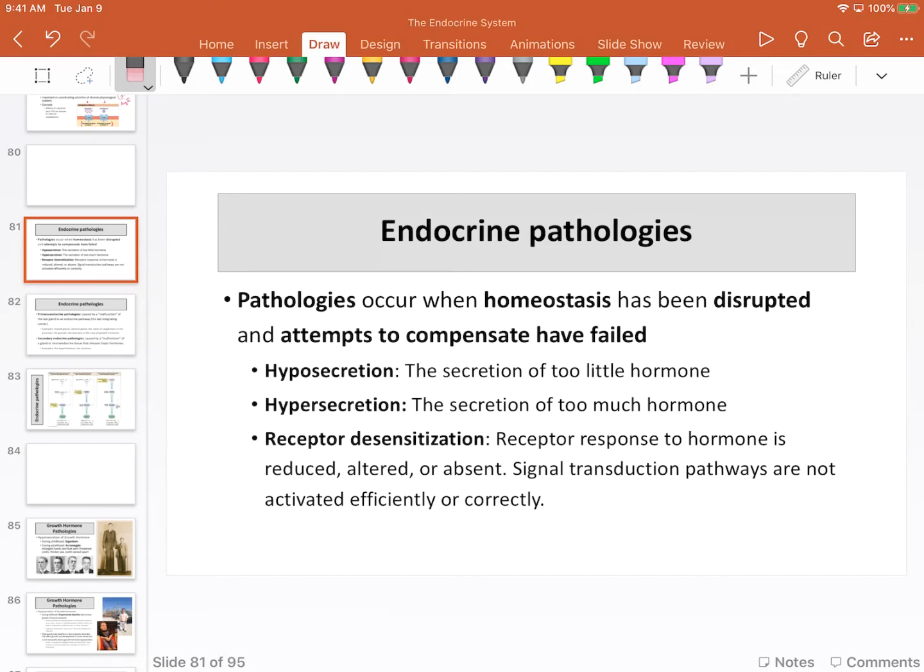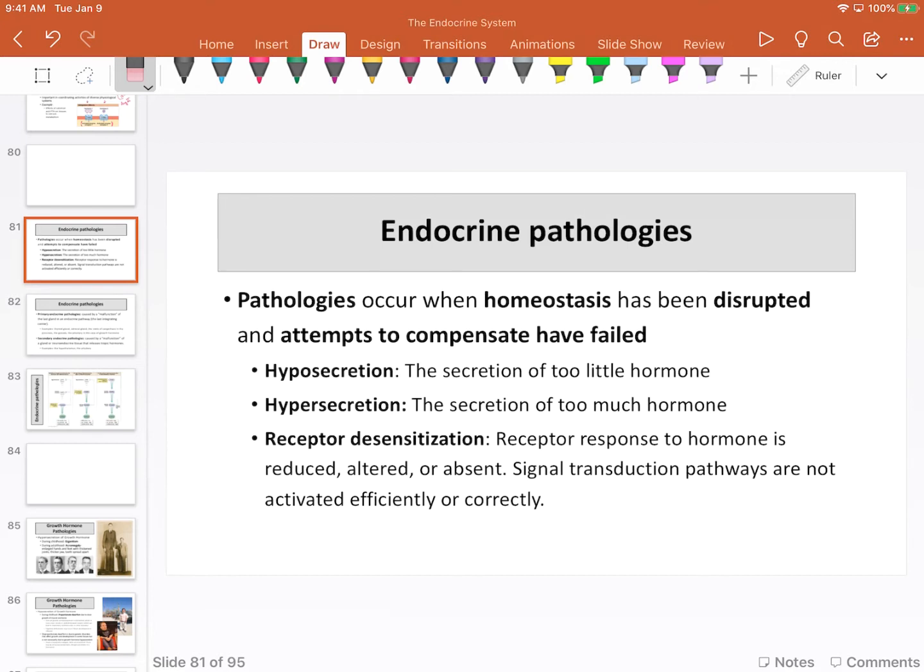Or the second messengers stop working. We could have a receptor that's working perfectly fine, but if the second messengers downstream are offline, then the signal's not being processed by the cell. And so those are each examples or situations where we could have a change in hormone production because of those types of disorders.